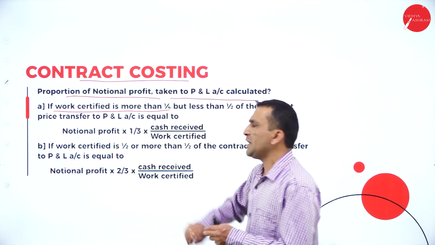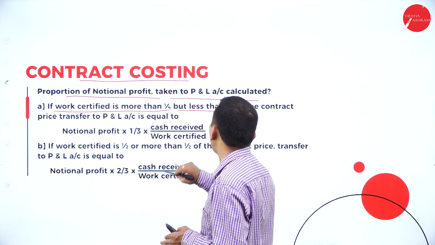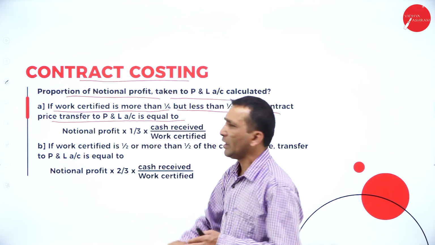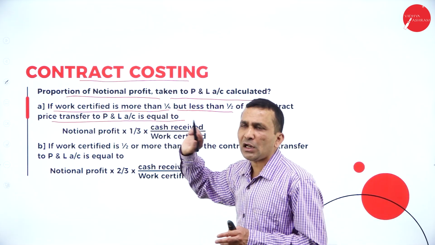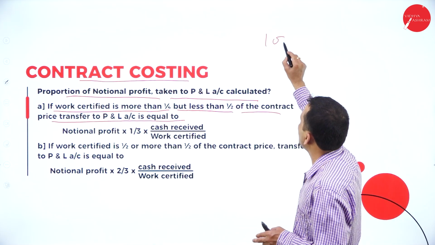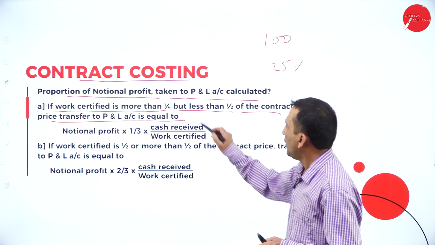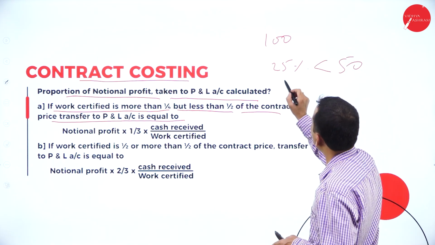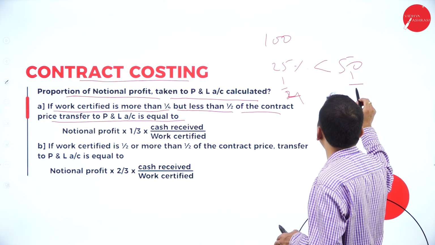If the work is certified at one-fourth or more but less than one-half of the contract price, the amount transferred to the P&L account is calculated accordingly. Out of 100%, now only 25% of the work is completed, but less than 50%. Here one-half, one-fourth.